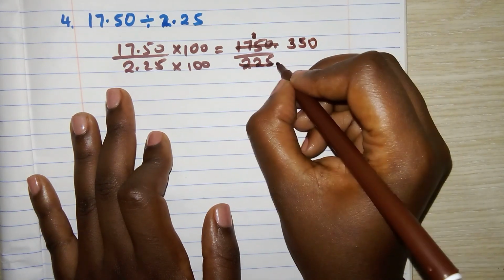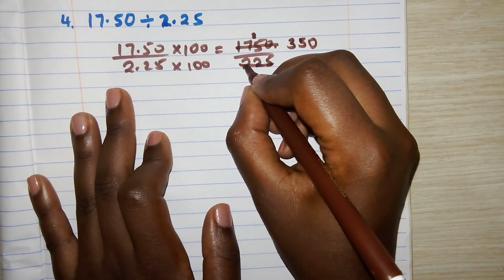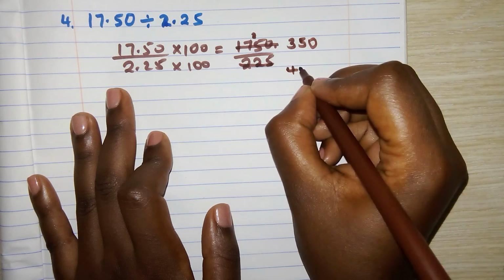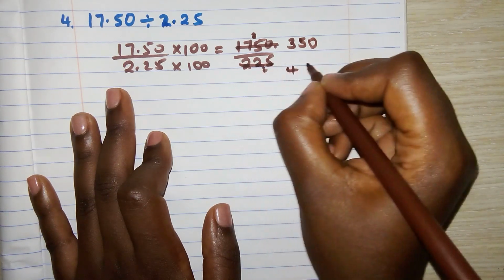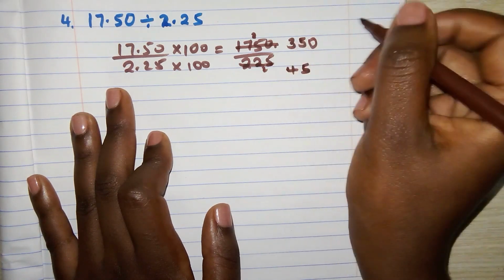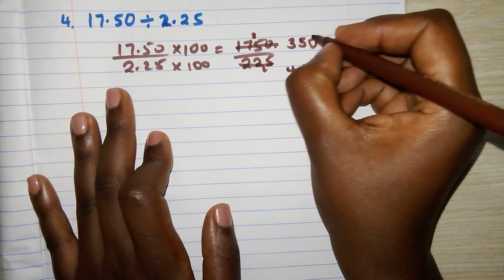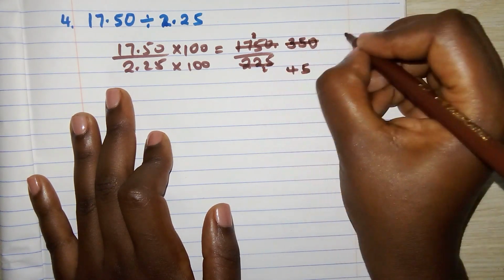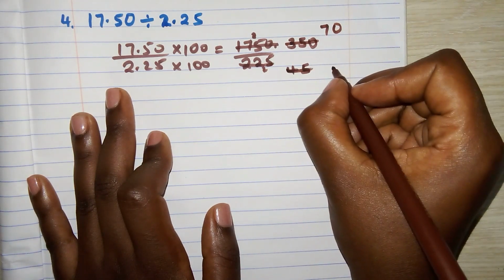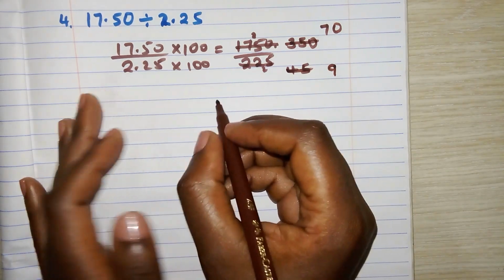Divide by 5 again as well. 5 goes into 22 4 times, and remainder of 2, and then 25, that is 5. Again divide by 5 because they're both divisible by 5. 35 divided by 5 is 7, and 0. 45 divided by 5 is 9.